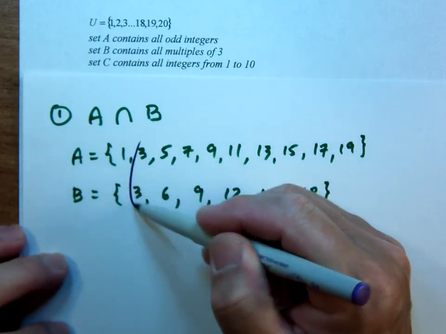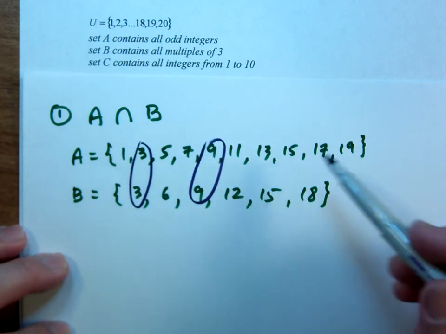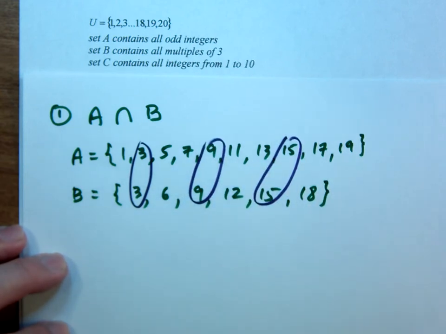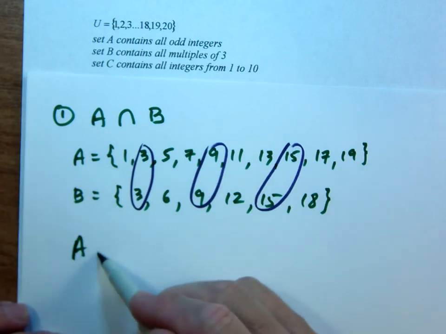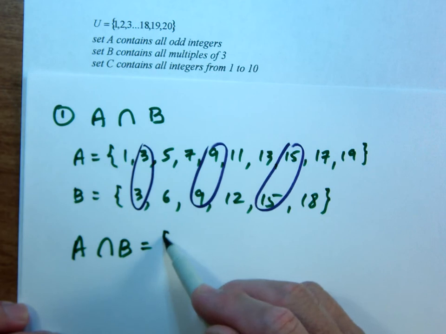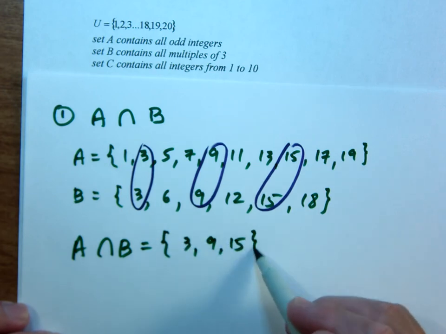What are common? 3 is common, 9 is common, and 15. So our answer should be just 3, 9, 15.